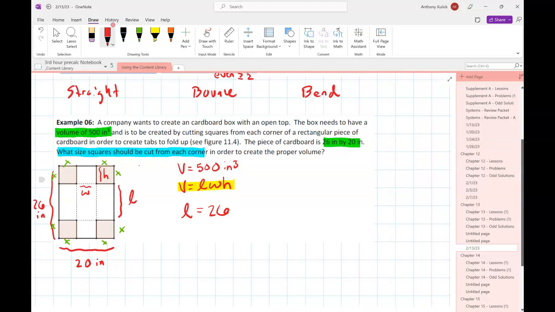So this distance would be L plus x plus x, or that L is equal to 26 minus 2x.